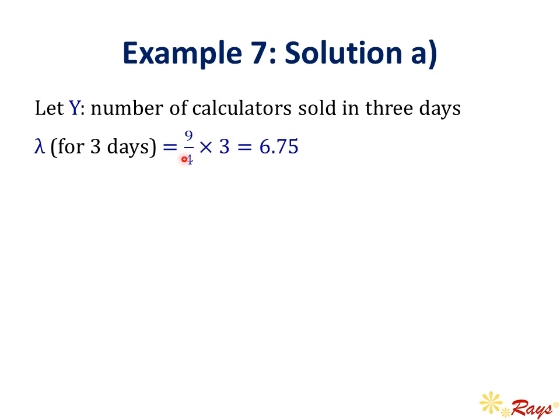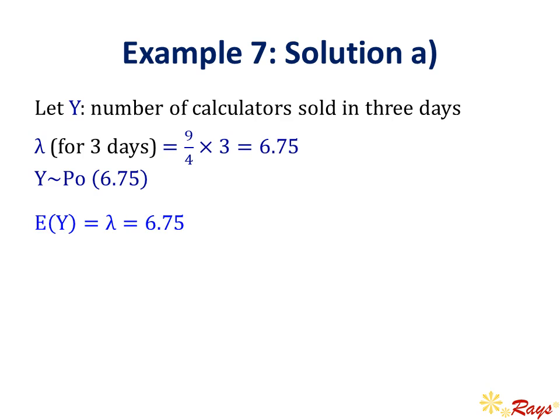How to find that? 9 divided by 4 days, and multiply with 3, and we get lambda for 3 days as 6.75. So now we can write Y as a Poisson distribution with lambda 6.75.